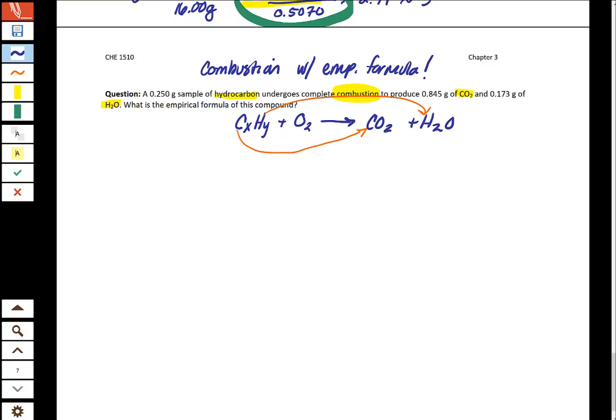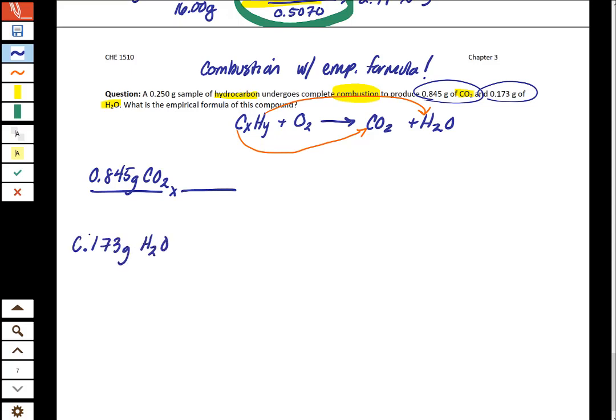And so what we need to do is start with these two numbers and do the same thing that we worked on just now, getting to moles of carbon and moles of hydrogen. It's just going to start from a different place. So for this one, we're going to start with our grams of carbon dioxide and our grams of water. Remember that our molar mass of water is about 18.02 grams of water in 1 mole of water.